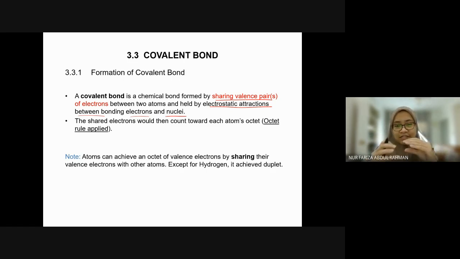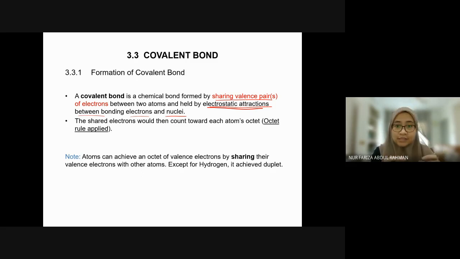That shared electron is held by electrostatic attraction, because we have nuclei and the electron. We have positive and negative. Positive comes from the nuclei. We have two nuclei and the shared electron is negatively charged.